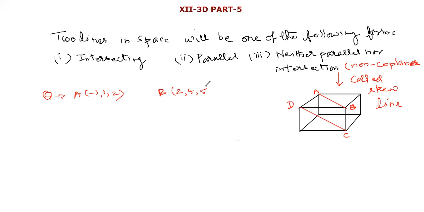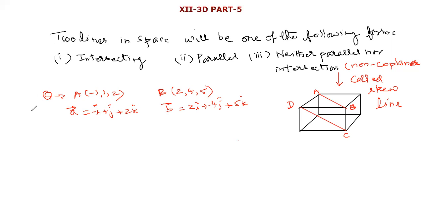So vector A is -i + j + 2k, and vector B is 2i + 4j + 5k.